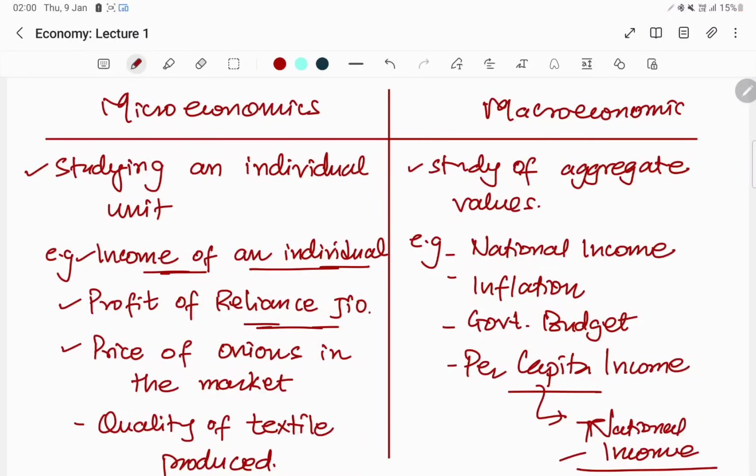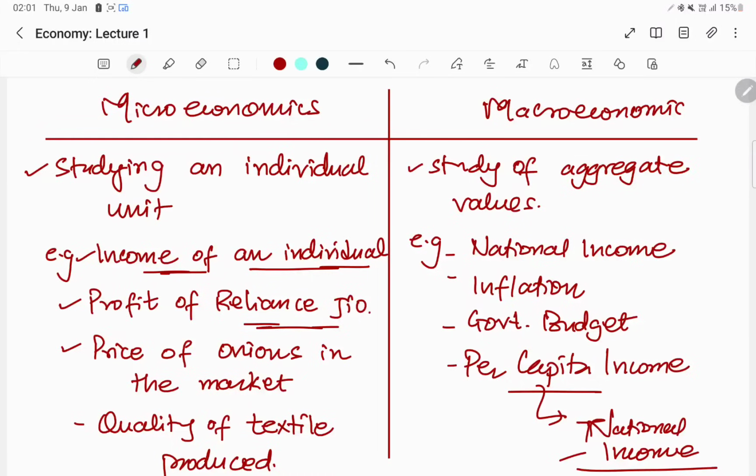Now see, most of our syllabus, 90% of the syllabus is related to what? Macroeconomics. 95% of the syllabus in UPSC is related to macroeconomics only, because we have to study Indian economy. So Indian economy is nothing but the economics of India, the concepts, rules and principles of economics applied to the territory of India, right?